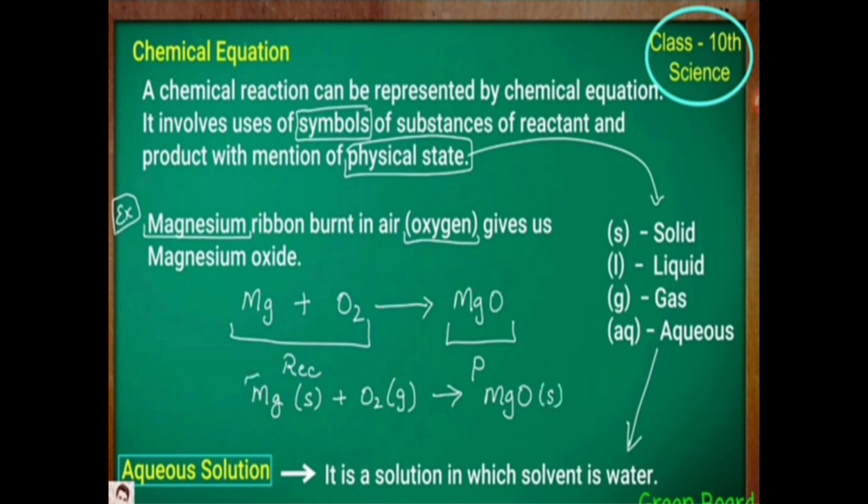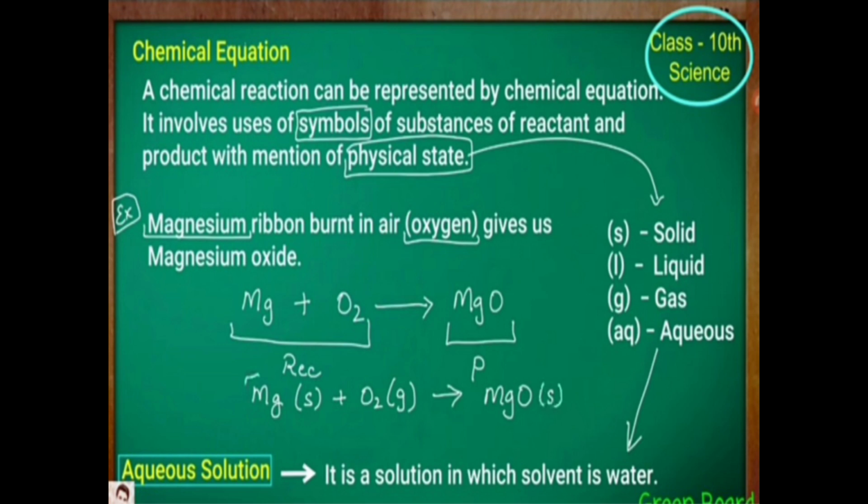Plus, it includes reactants and products. Reactants are those which take part in the chemical reaction, and products are the substances that are formed during the chemical reaction. We took the example of magnesium, which is burnt in air, that is which reacts with oxygen, it gives us magnesium oxide.